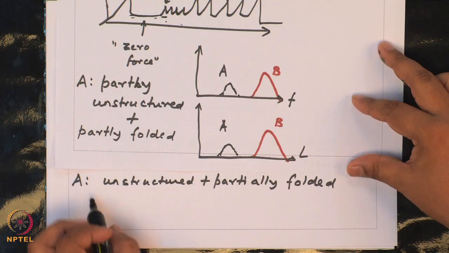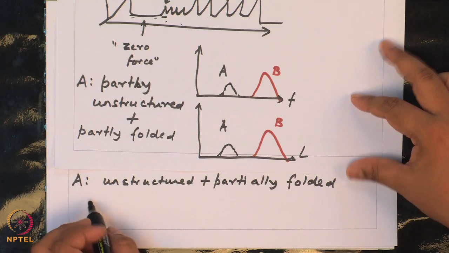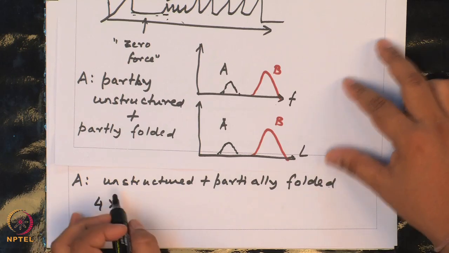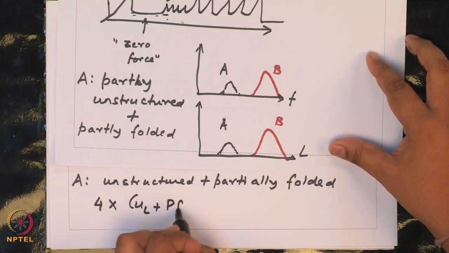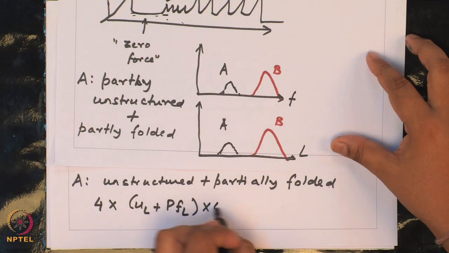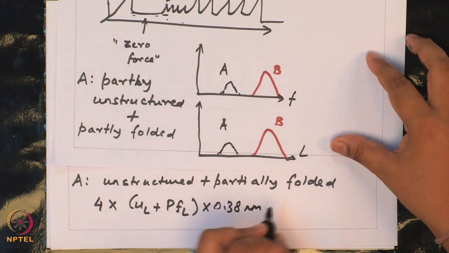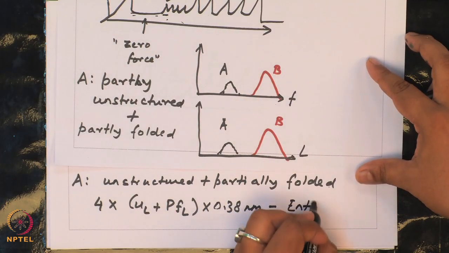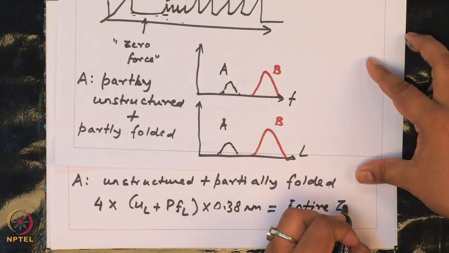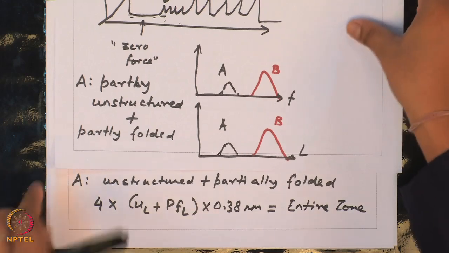So, you know that 4 times the unstructured length plus the partially folded length, times 0.38 nanometers, should give you the entire length.